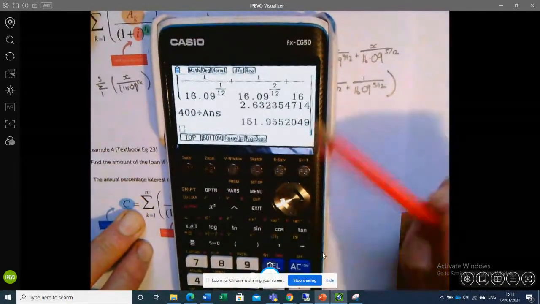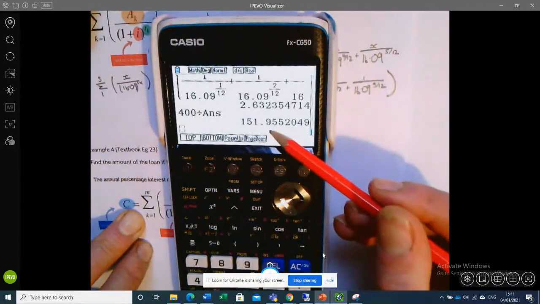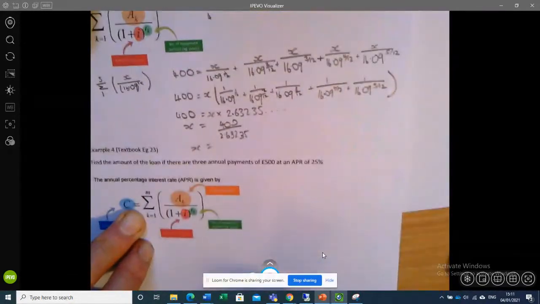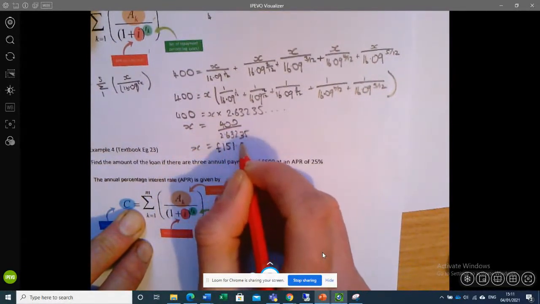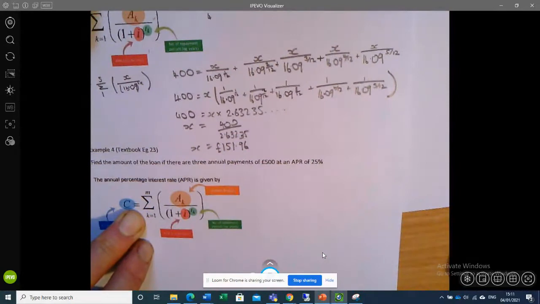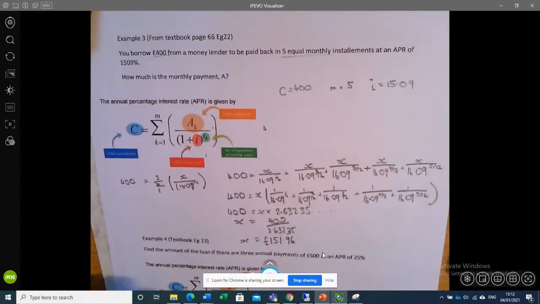And that gives you your monthly repayment of £151.96. Okay, so that's example 3, and you can find that in the textbook on page 66, example 22.